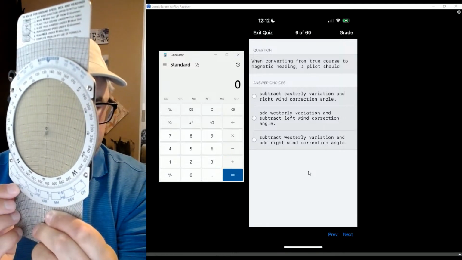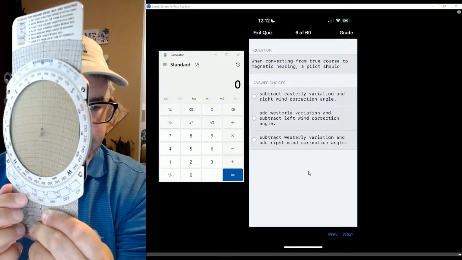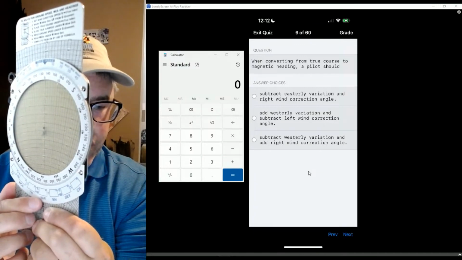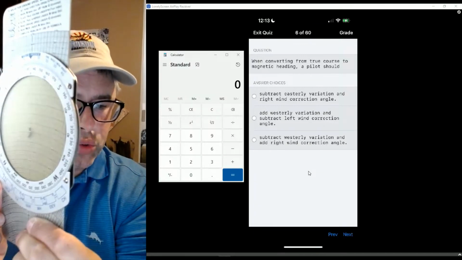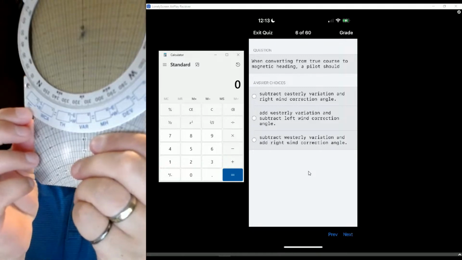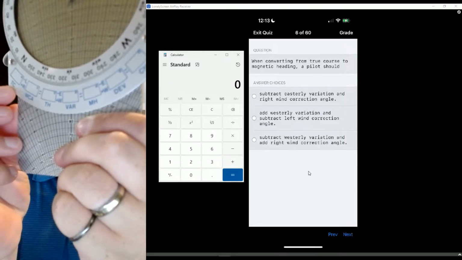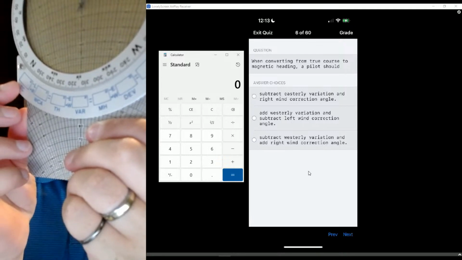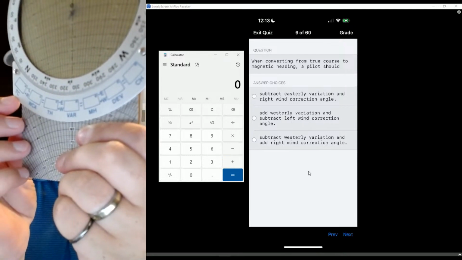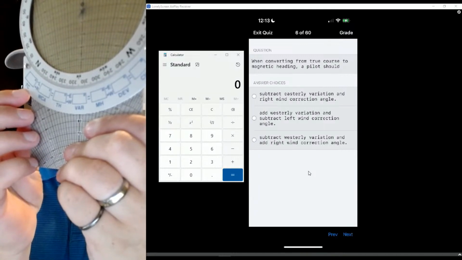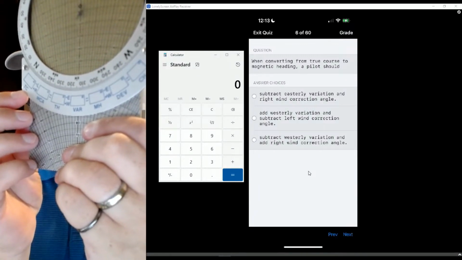First, I've got my wind correction angle, and that gives us true heading, and then we take the variation into account. So let's read that as questions. When I'm going from true course to magnetic heading, what do I do? Subtract easterly variation and right wind correction.